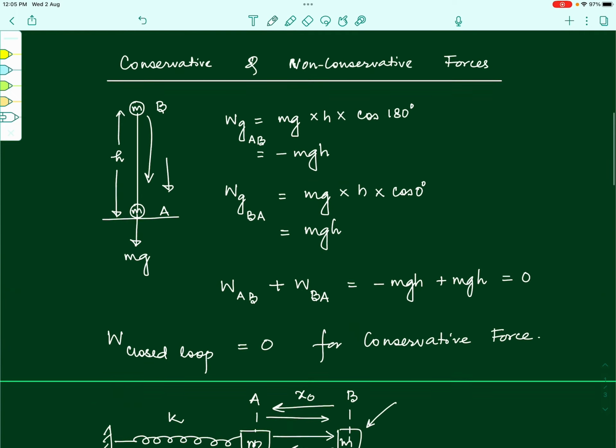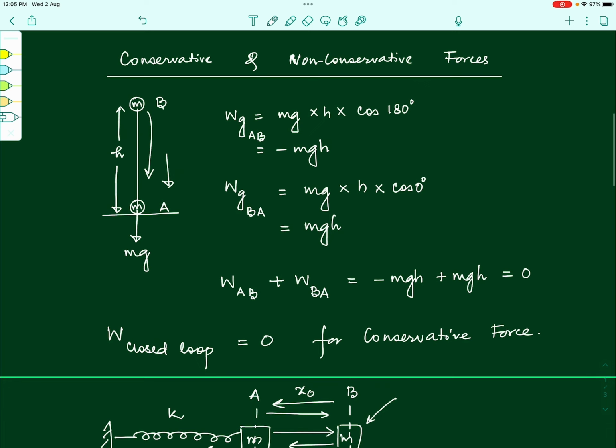Otherwise, in terms of physical significance, if we try to understand the behavior of conservative forces, as the name suggests, we say that conservative forces are the ones that conserve the energy of the system as they work upon it. So, here we see that as this ball was made to move from the ground to a height h, gravity does a negative work on it, right.